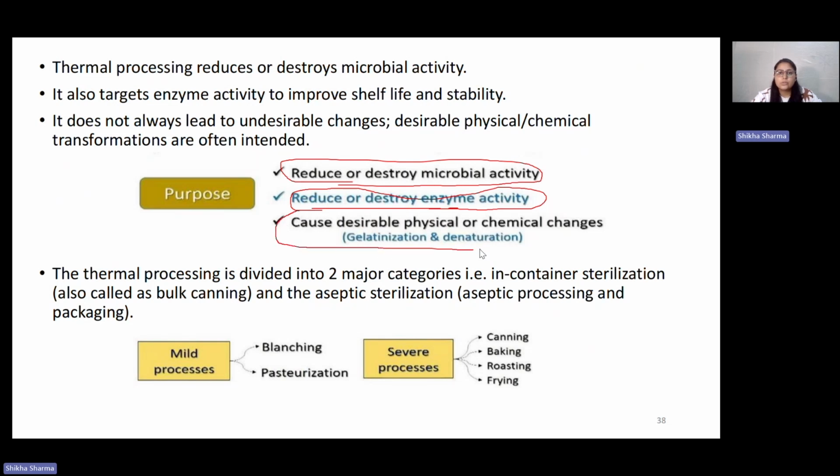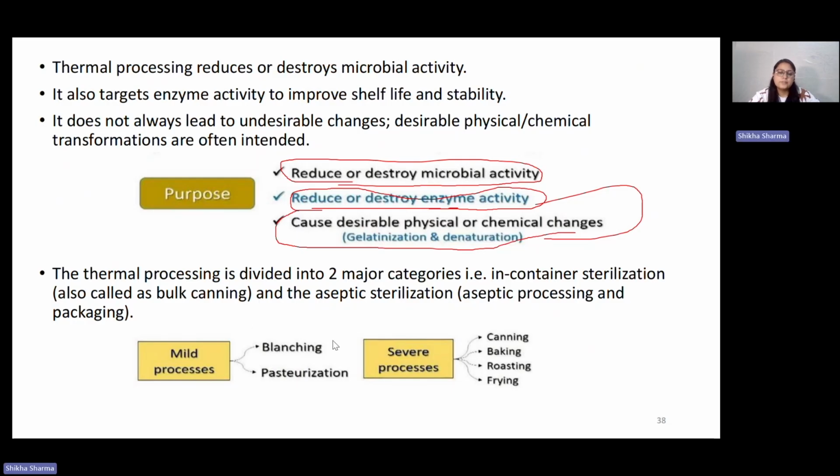Sometimes it causes desirable physical and chemical transformations, like gelatinization and denaturation. So if these intended transformations are required, thermal processing can be helpful.